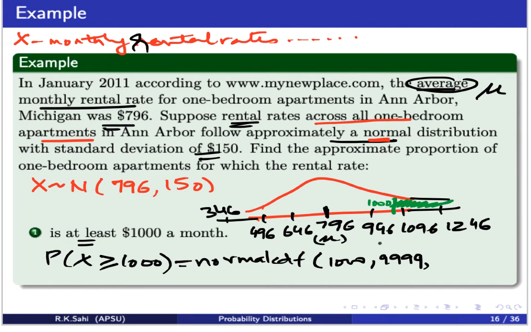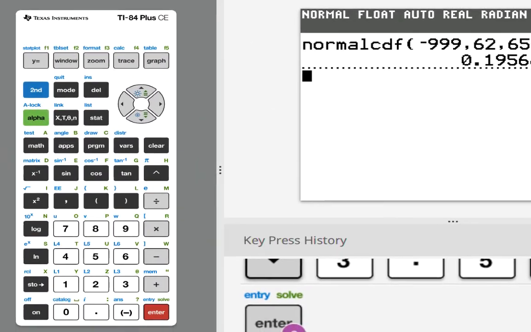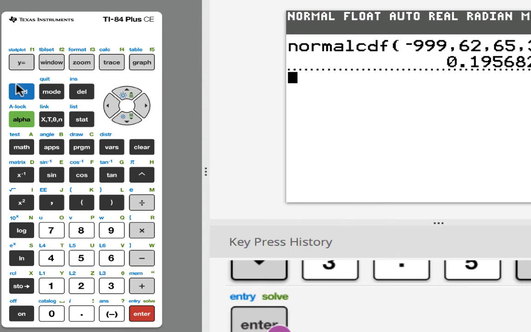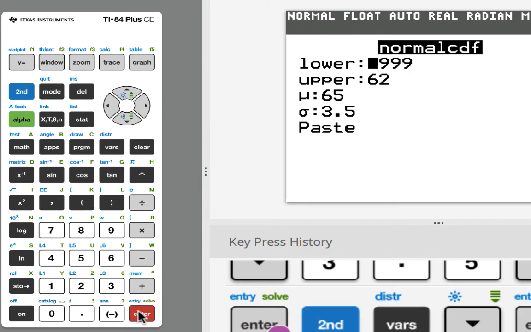Let's write down what's the mean, 796. And what is our standard deviation, 150. Okay, let's plug it in over here and get our calculators. Guys, take your calculators out. Okay, second, DISTR, then to the number 2.